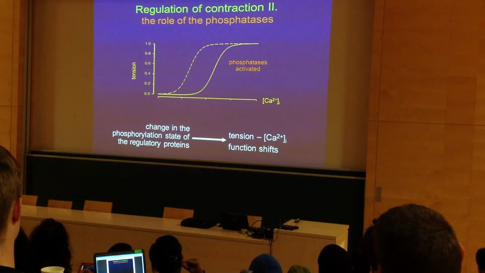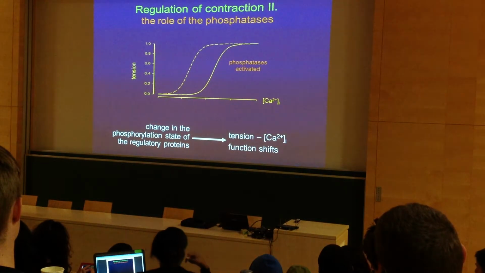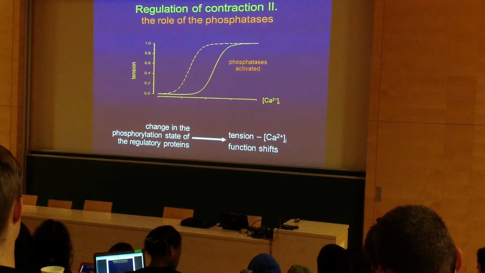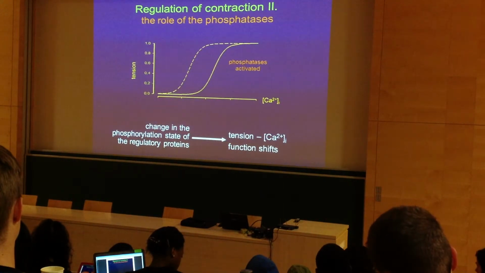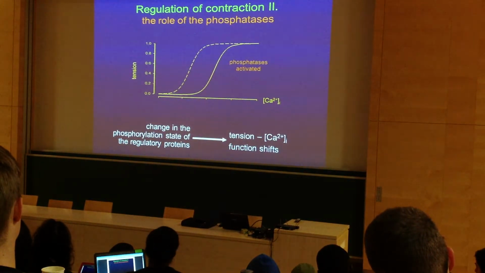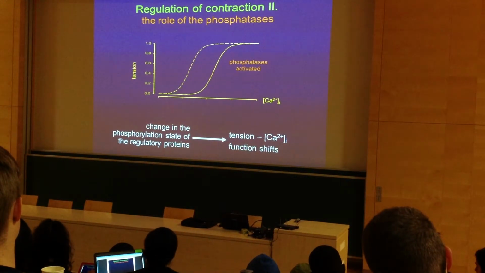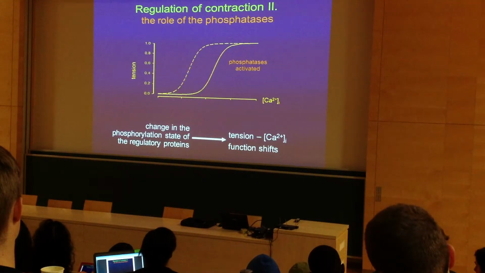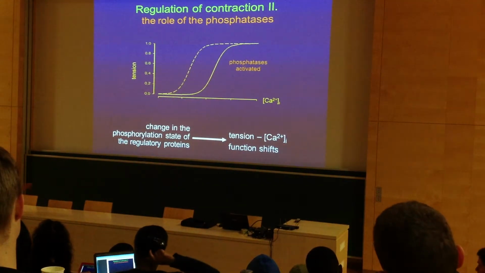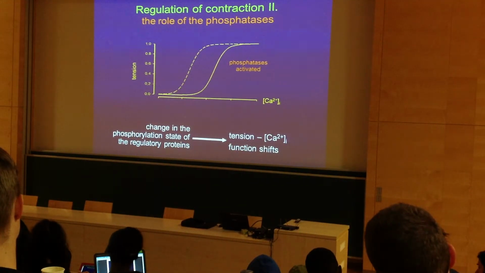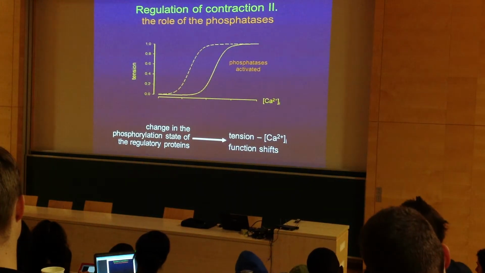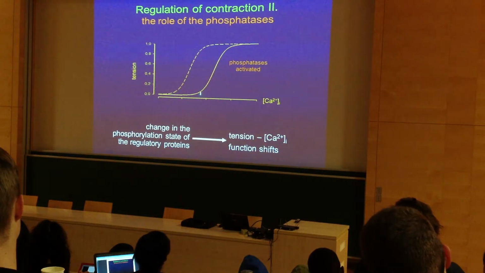Relax and contract. So the regulation of smooth muscle contraction can be brought about by simply regulating the activity of phosphatases. Please note that, for example, beta adrenergic stimulation, and this will become clear when we discuss the smooth muscles of the blood vessels, and the increase in cyclic AMP actually does this.